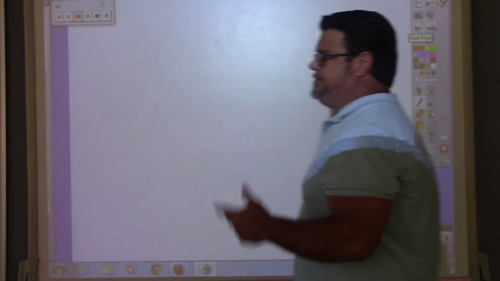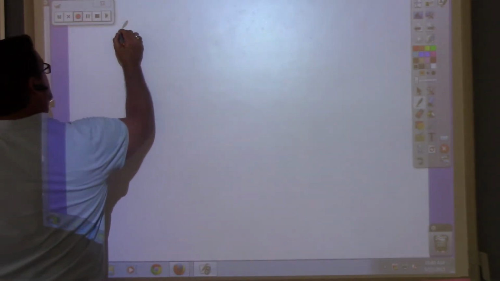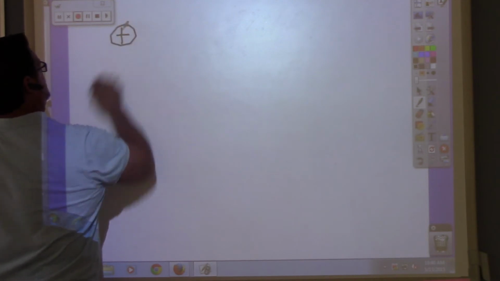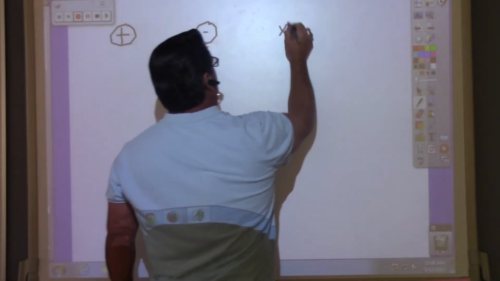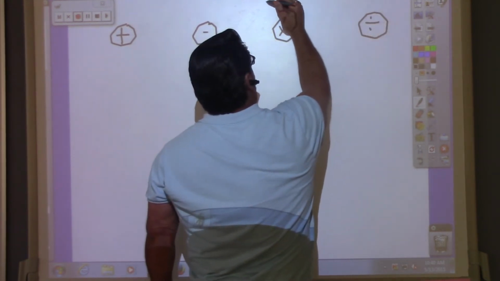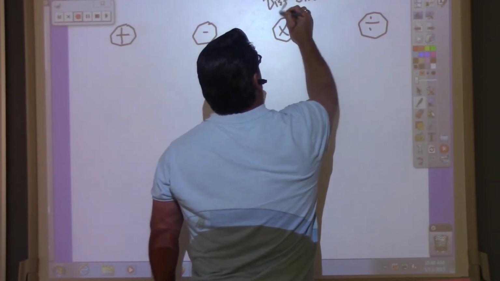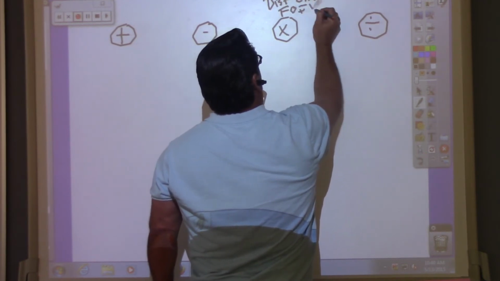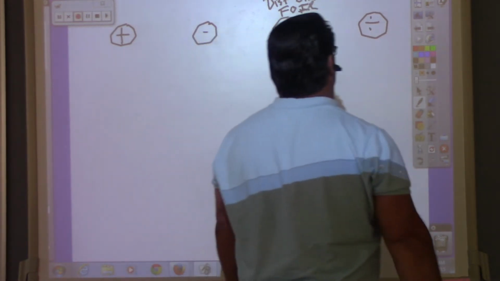So, what else is there in algebra? Well, there's four operations. What are the four operations? Addition, subtraction, multiplication, and division. There you go. This right here is called distributive law, or F-O-I-L. I do not pronounce it, I spell it.